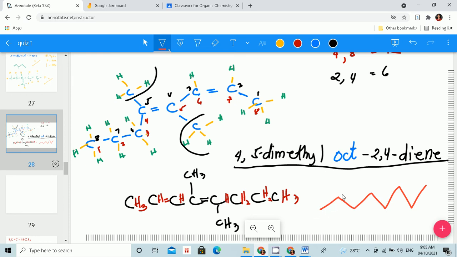Then in carbon 2, we have the double bond, and carbon 4 also has a double bond here. So this is our line structure.